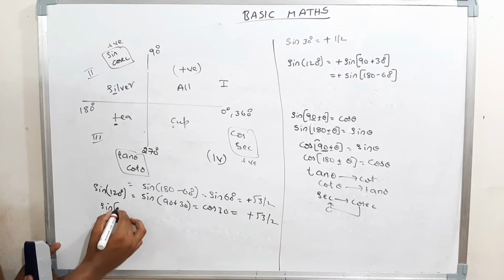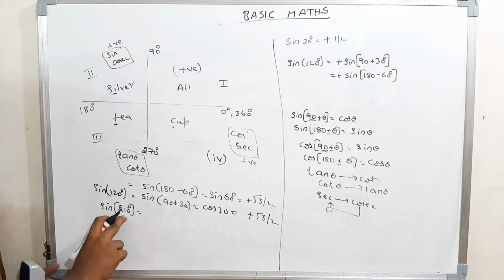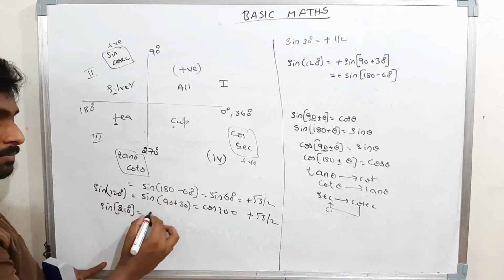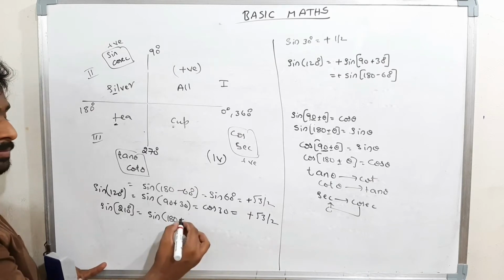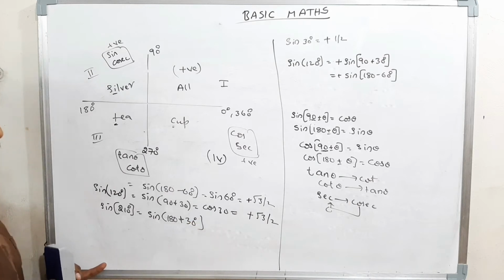Next, sine 210. How can I convert 210? I don't know the value of 210. I have to convert into 30s, 60s, 45s like that. 210 means sine 180 plus 30 degrees. Can I write like this?